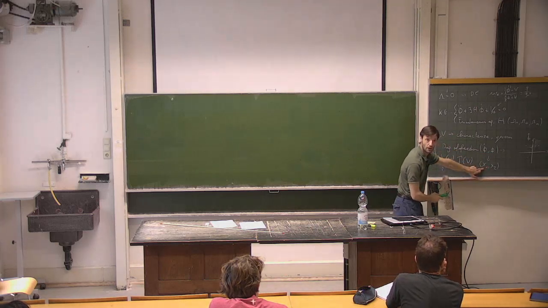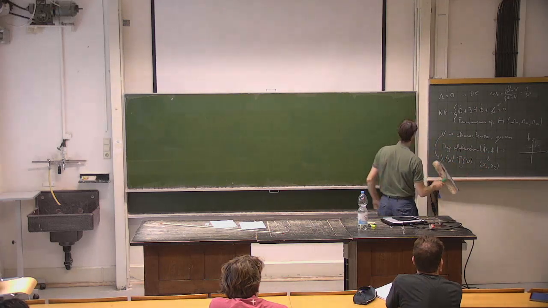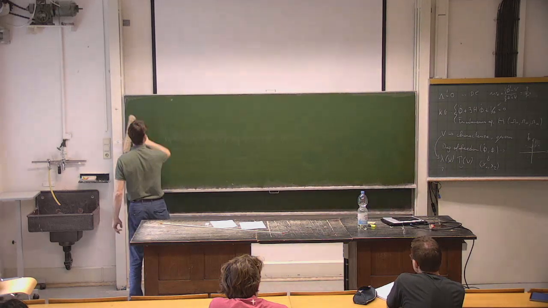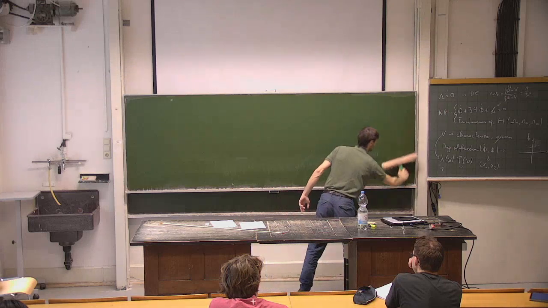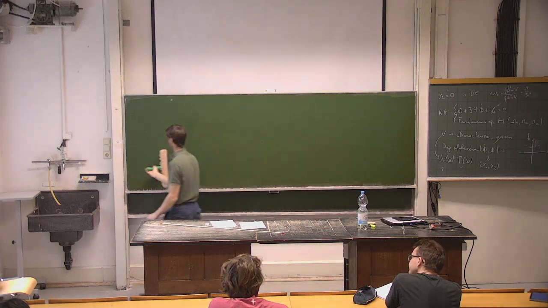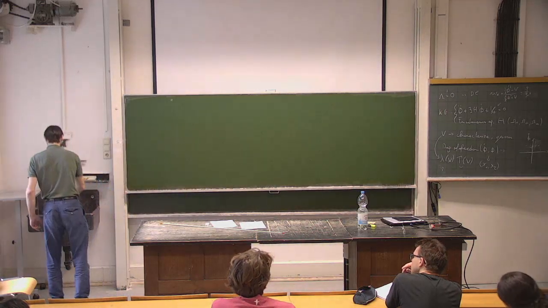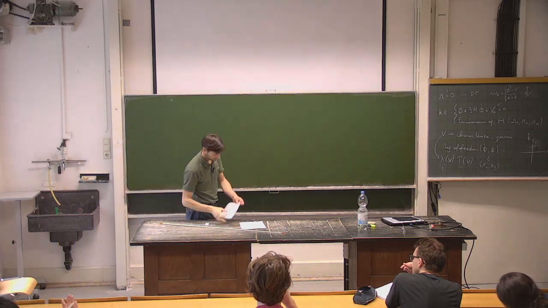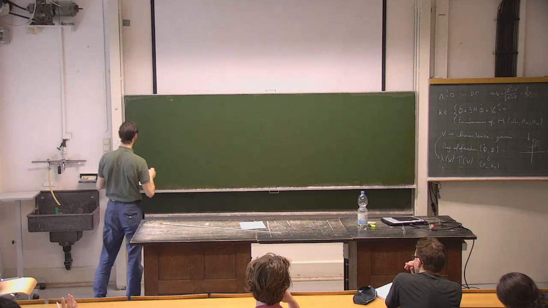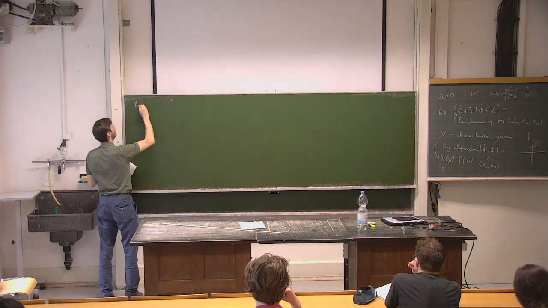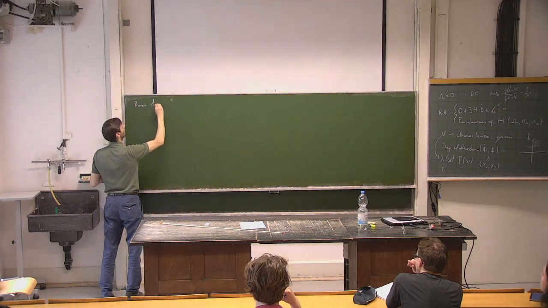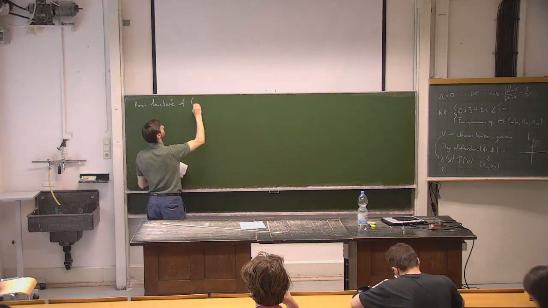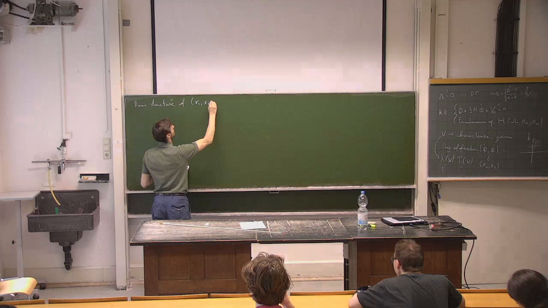So we are making this change of variables. So, basic structure of the phase space: x1 and x2.